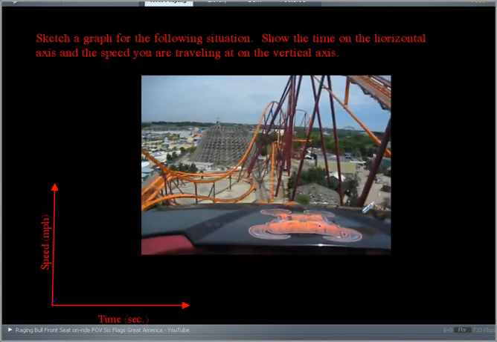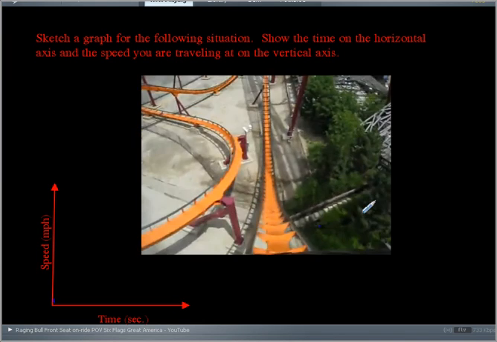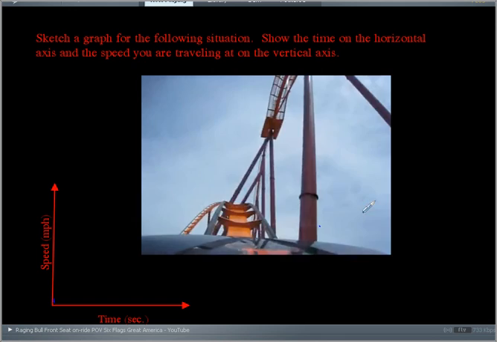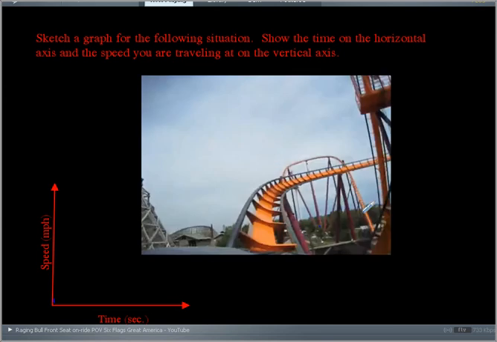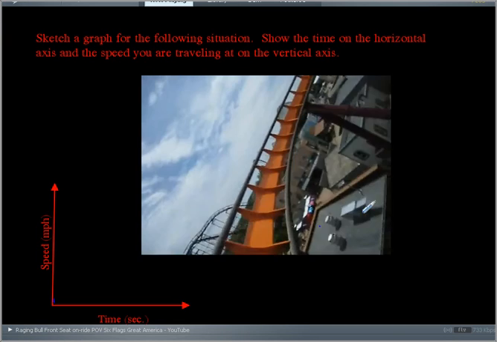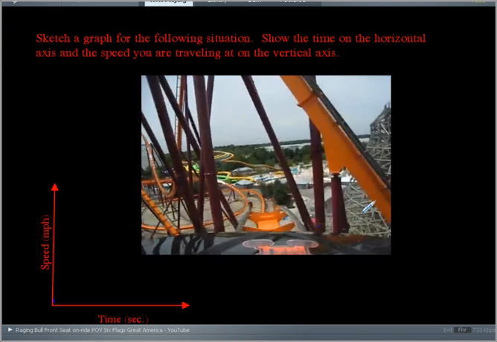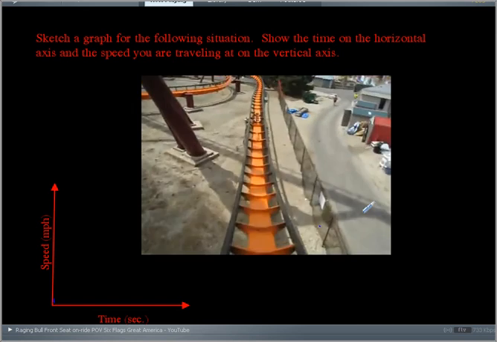Here you'd slow down again, speed up a little bit, slow down. Speed up.